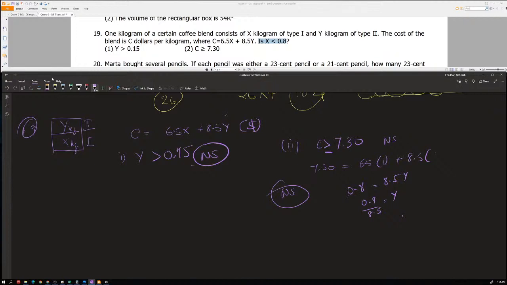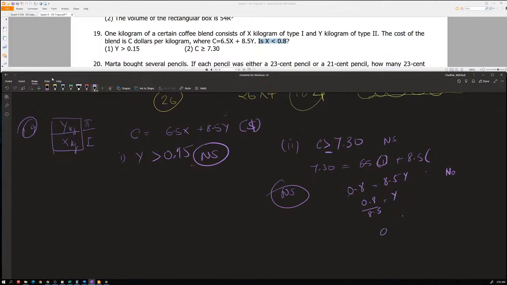So we get 7.3, which is the least value, which actually makes x greater than 0.8. Okay, so we get one no answer. Let's check for a yes answer.